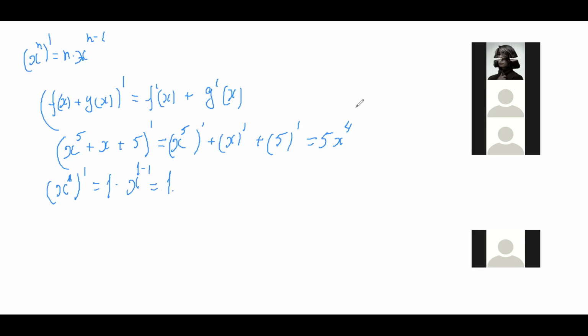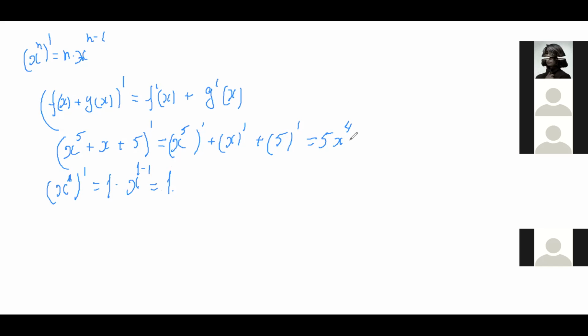Okay. Nutsa, what about the derivative of 5? What is the derivative of 5? It would also be 1. Nutsa, 5 is a constant function. 5 is a constant function, so 0. And do you remember my slide about love? The derivative of my love is constant.